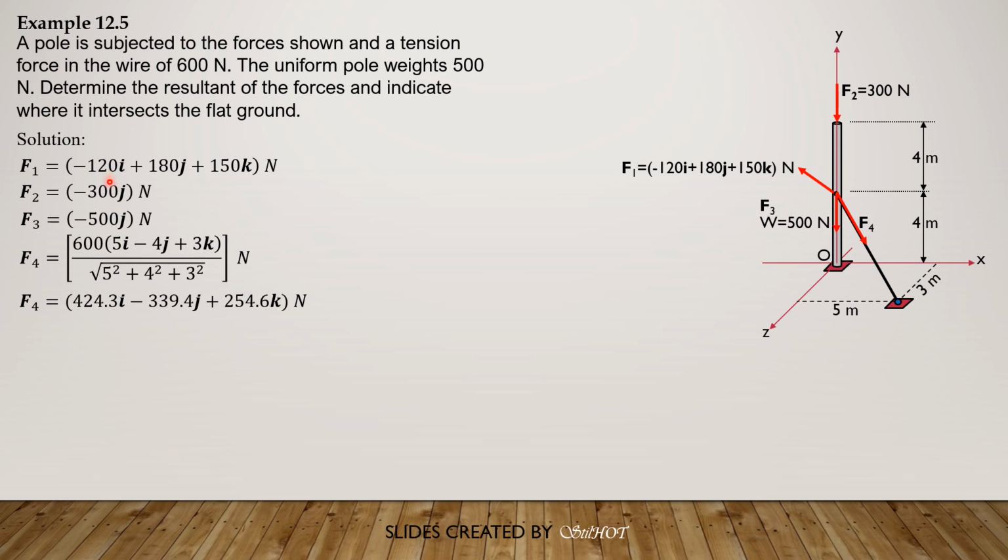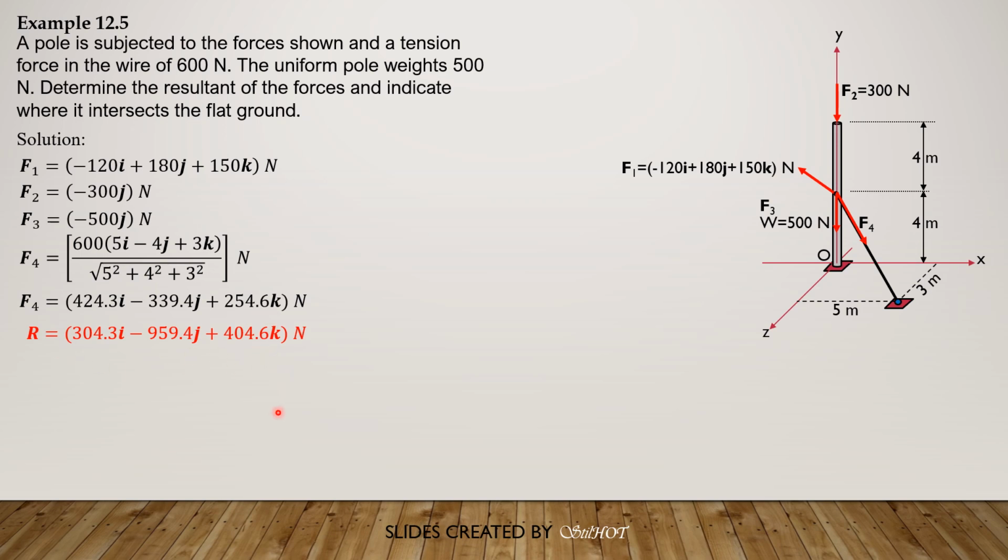Now that we have written all forces in vector form, we can compute the resultant. Then it is negative 120 plus 424.3, so 304.3I, 180 minus 300 minus 500 minus 339.4, that's negative 959.4J, and 150 plus 254.6 is 404.6K newtons.